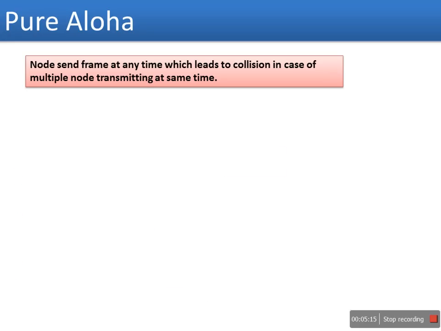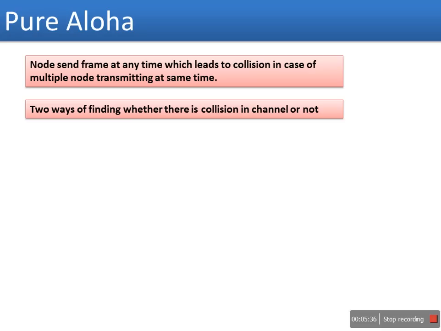What you need to remember about pure Aloha: packet length is fixed, plus a node can transmit its data at any time whenever it wants. Now the question is what will happen if there is a collision, and how a node would know there is a collision in the medium or not. In order to find out whether there is a collision in the channel, there are two options.